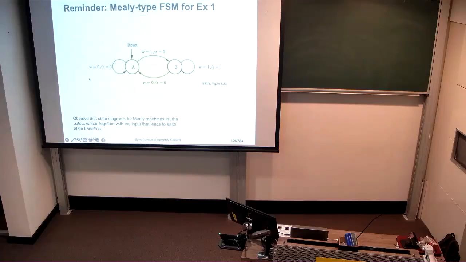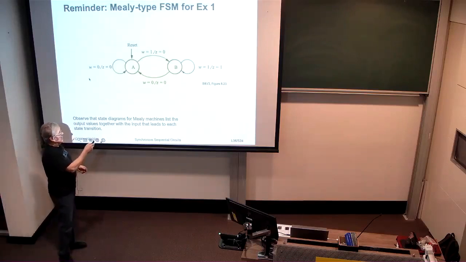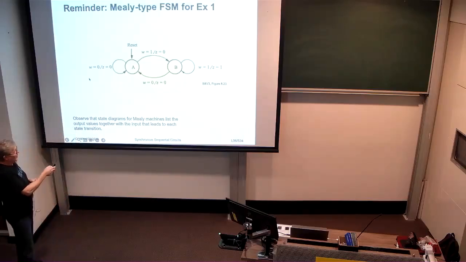Right, what about our Mealy finite state machine? So here we see the Mealy machine that we had before, and I wanted you to think about it in contrast to the Moore machine. The output is now not directly associated with a state, but it's related to a state that we're in, plus the input that we're getting in that state.